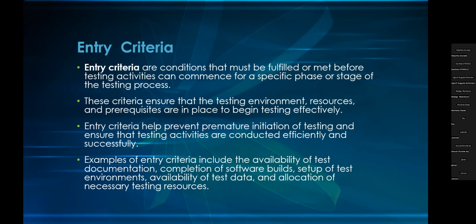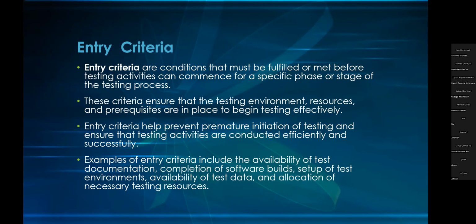An example of entry criteria for the system testing phase, for instance: say you are about to start a project and you are working on system testing, and the completion of integration testing is one of them.